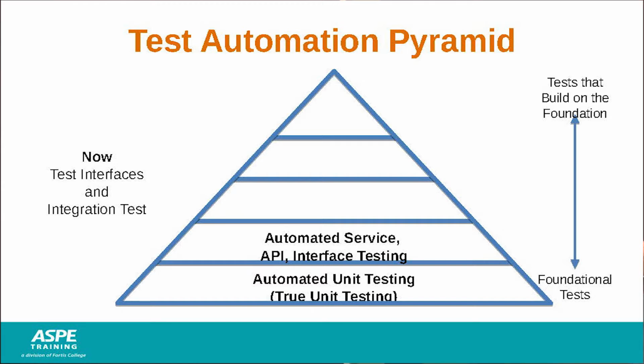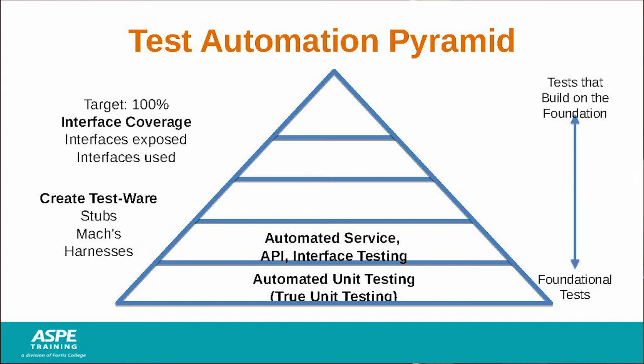On that foundation then, we can build our interface testing. Now, I don't mean slam the pieces together and run a functional test. I mean focused testing of our interfaces. So if we are exposing an API, then that means we want to actually test everything that API exposes in every way. And if we're using somebody else's, make sure we're mocking them so we can actually see how our system reacts to it.